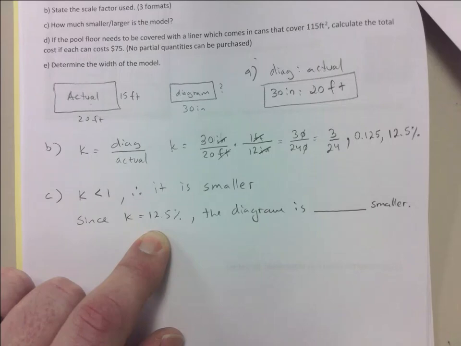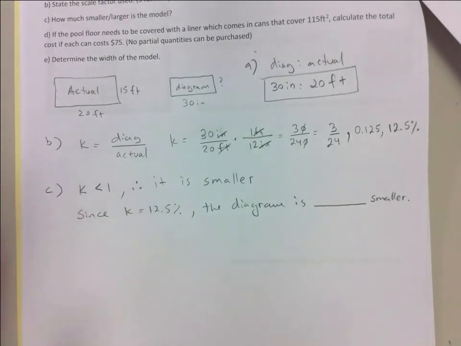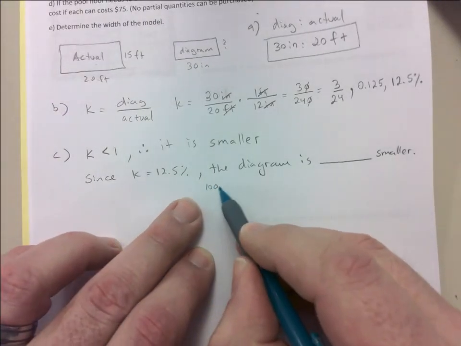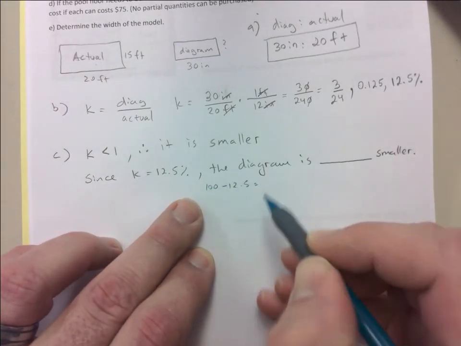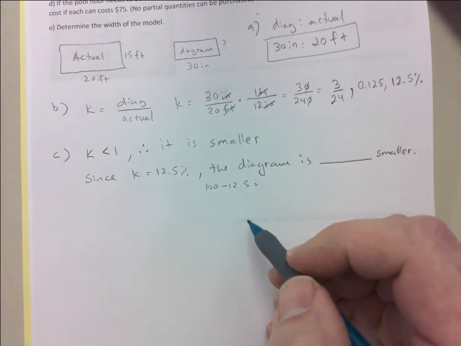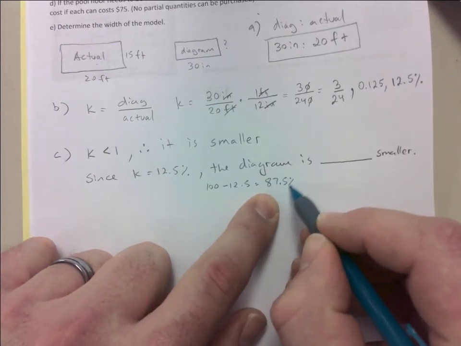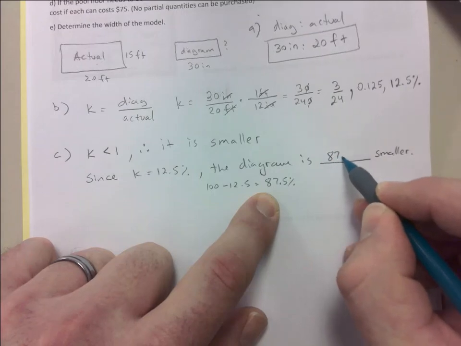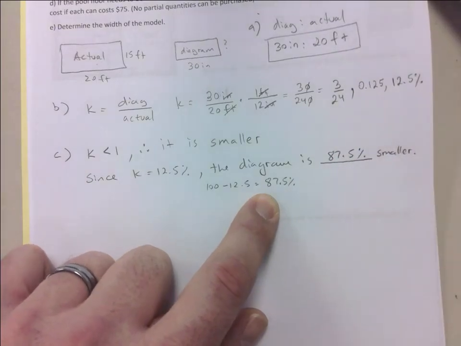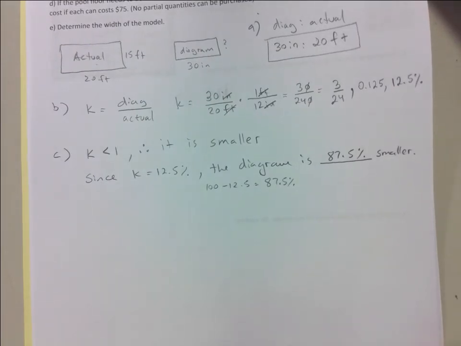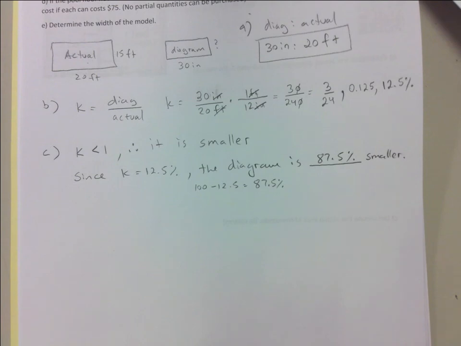Okay, I'm not going to answer that yet. It's not 12.5 if that's what you're tempted to do there. We're going to go 100 minus 12.5. So it's 87.5% smaller. Okay, that's that.